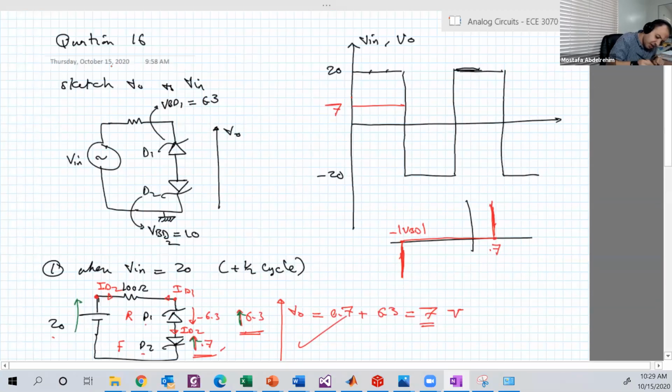So in the negative half cycle, let's say this is minus 10.7. And what happened in the first cycle will happen also in the second cycle, and so on.